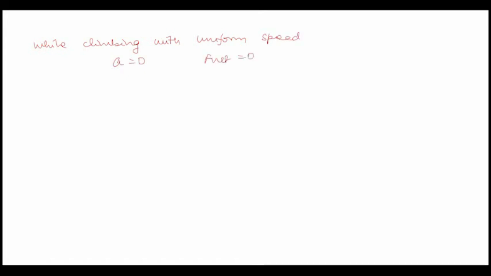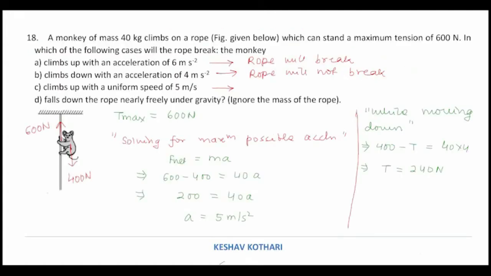So tension in the thread minus mg is equal to 0. So the tensional force is just balancing the weight of the monkey, which is equal to 400 Newton. And again in this case the rope will not break.